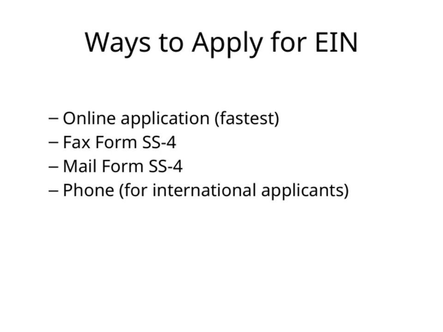You can also fax the form SS4, which offers a middle ground, faster than mailing but not as instant as applying online. And finally, for international applicants, there's the phone option. If you're applying from outside the United States, calling the IRS is a viable way to get your EIN. Overall, understanding these options helps you choose the method that best fits your timeline and circumstances. The key is knowing that online is the quickest, but there are alternatives if needed.